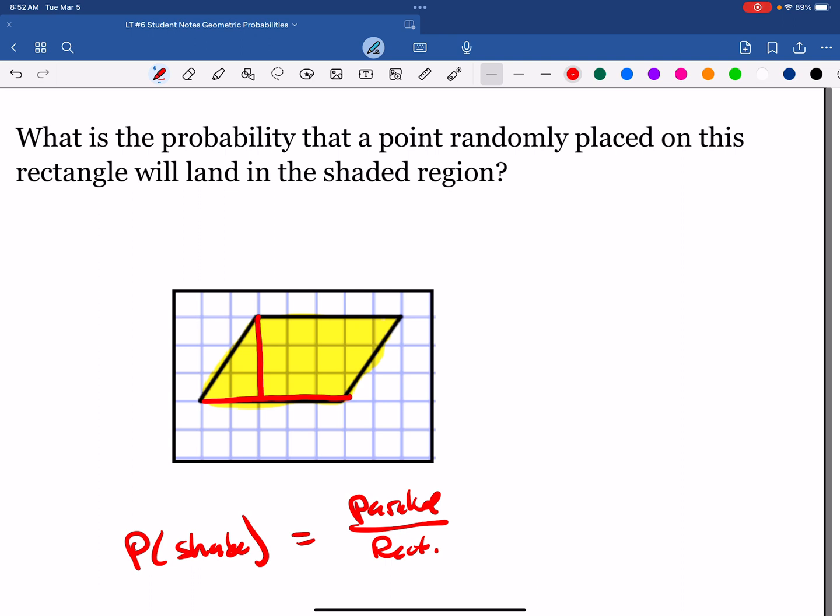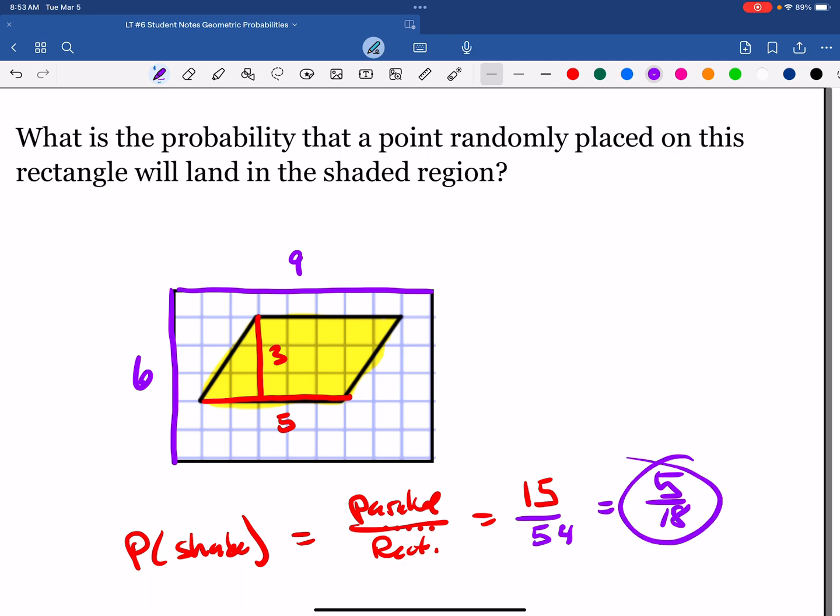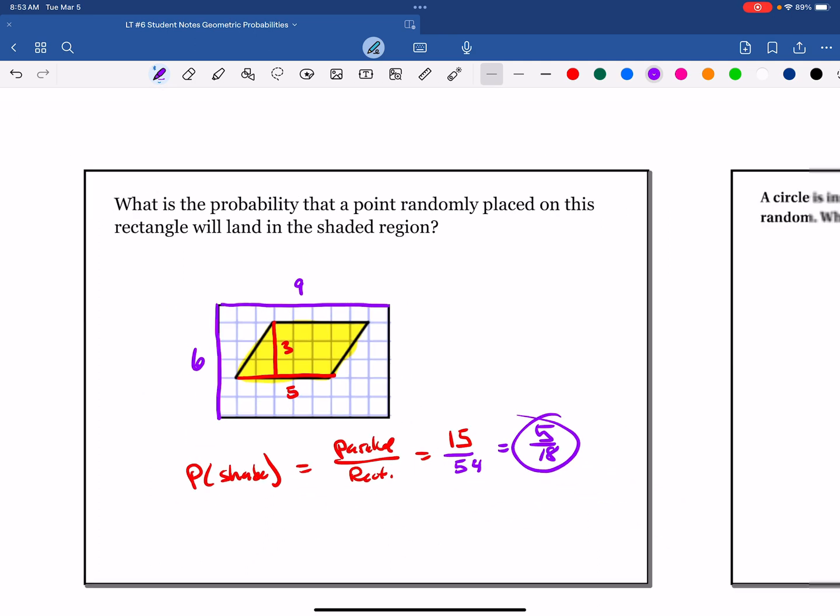So that is going to be 5 times 3, which is 15. And then the rectangle is this length by this length. Let's see, I think that's 6 and 9, which gives me 54. And that reduces to 5/18. So 5/18.